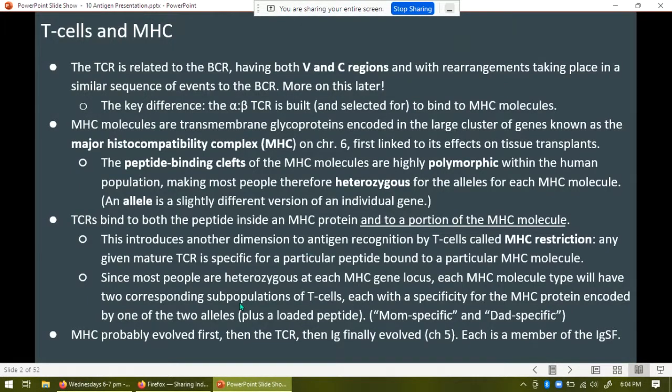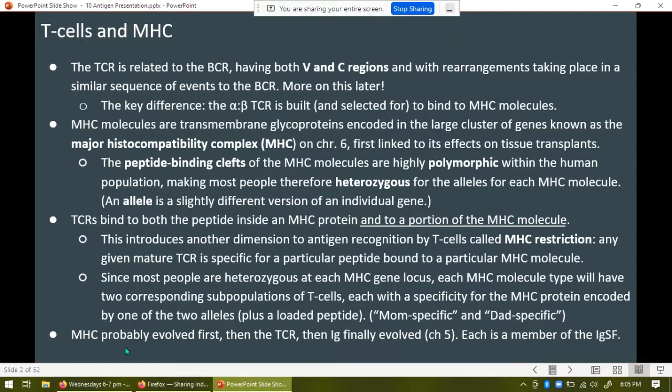Okay, and therefore you have 2 different sets of T cell receptors, each of which is specific for either mom or dad. Okay, so you basically have mom-specific and dad-specific T cells that recognize the proteins encoded by the alleles that you inherited on chromosome 6 that came from your mom and dad, respectively.